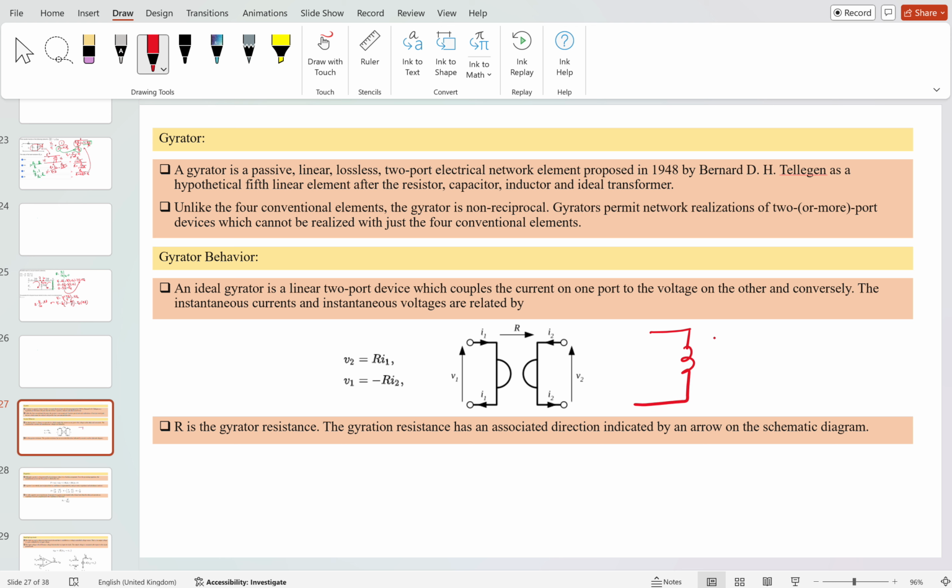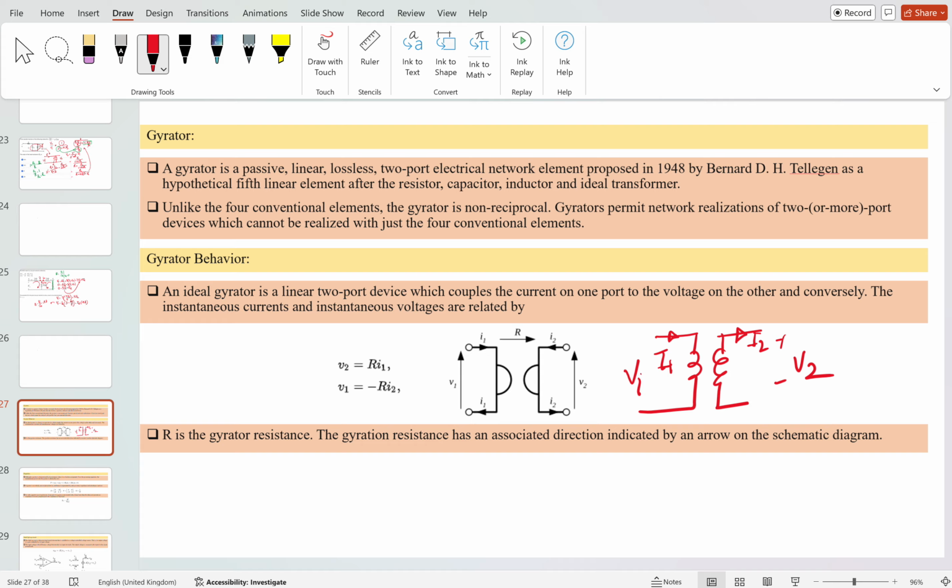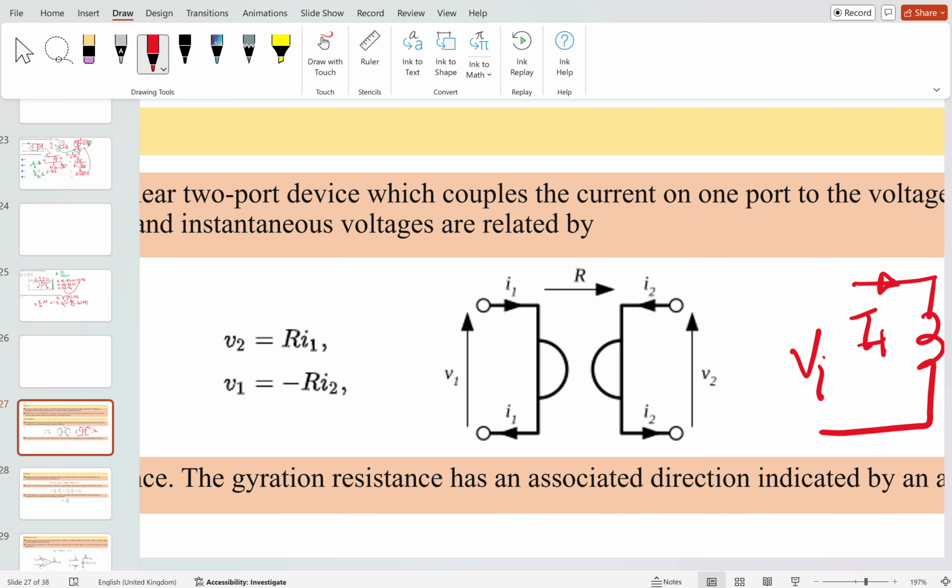Transformer could be like this simply. This is V1 here, I1 entering here, I2 going out, and here it is V2. This is a kind of transformer.